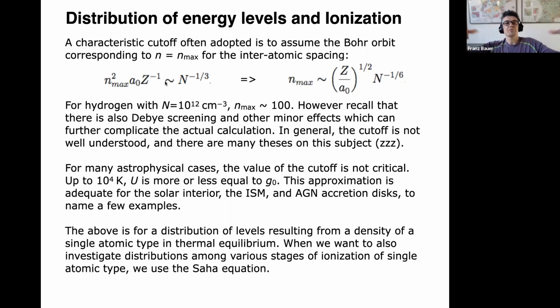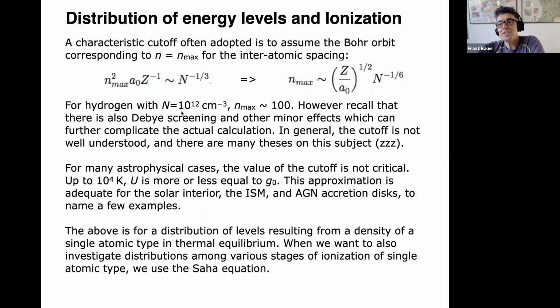And so this is just the surface area growing to the point where it becomes comparable to the density. So once these levels start touching, you have a problem. And so based on that, you can calculate n max, which is proportional to the atomic number, and then the density with a very small power. And so if you take something like hydrogen at a density of 10 to the 12, then n max is going to be about 100.